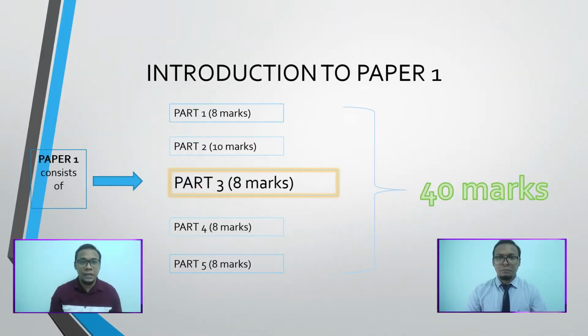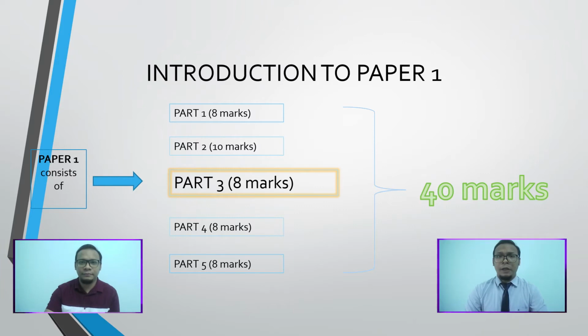Next, we have Introduction to Paper 1. Professor, please tell us what we are going to focus on. Yes, thank you. For Paper 1, there are a few parts that you need to know. Paper 1 consists of 5 parts.